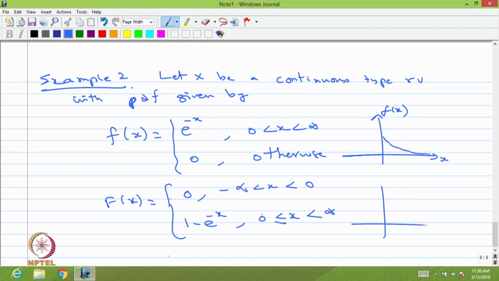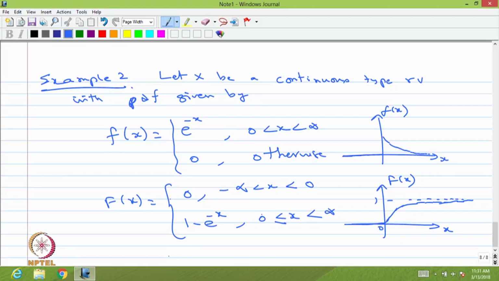You can draw the CDF of this continuous type random variable. Till 0 it is 0, and from 0 to infinity it increases and touches 1 at infinity.